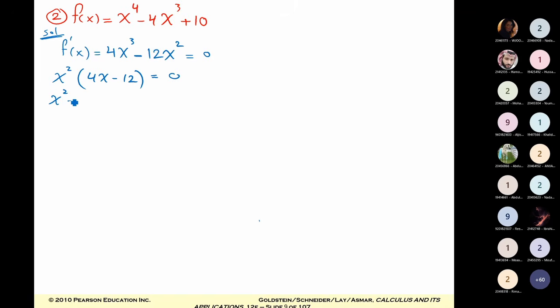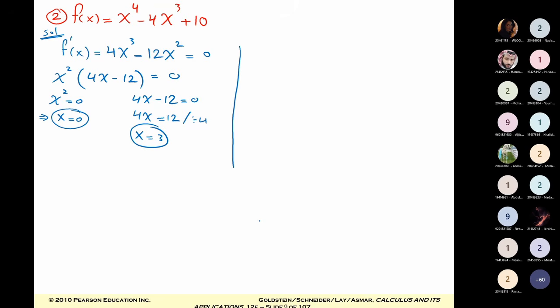So x squared equals 0, or 4x minus 12 equals 0. From here we conclude x equals 0, the first stationary value. And 4x equals 12, divide by 4, x equals 3. So we have two stationary values.